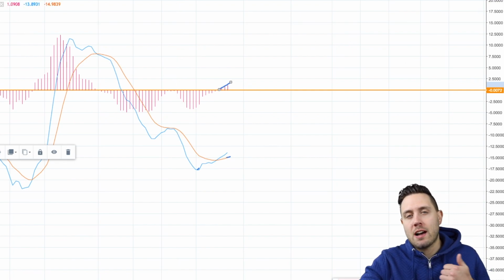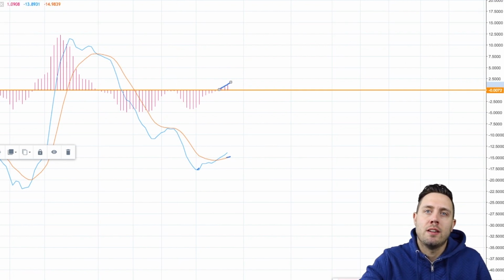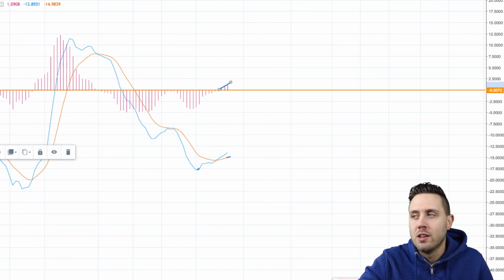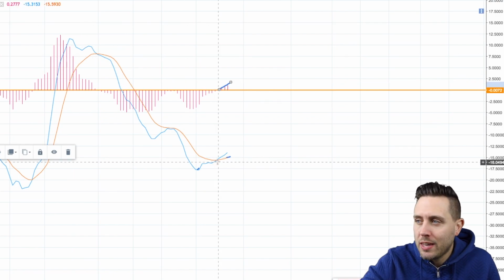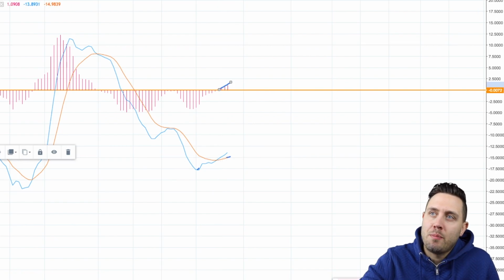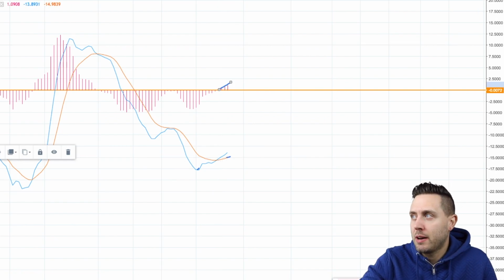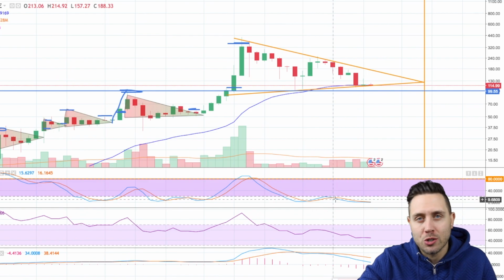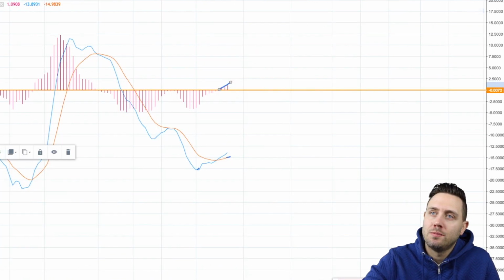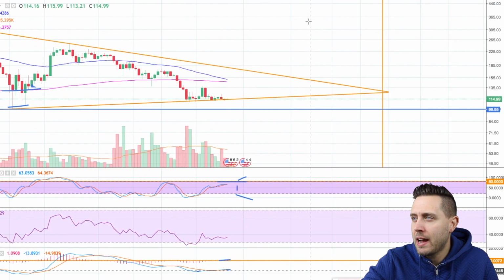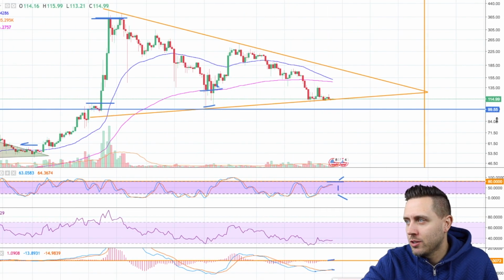So we have the stock RSI buy signal kind of in formation. And we have the MACD buy signal here. And we can pair that up with what we just talked about at the beginning of the video, which is how oversold we are in Litecoin on the weekly. Now, if you want to add more ammo to this, you can just really look at the daily.